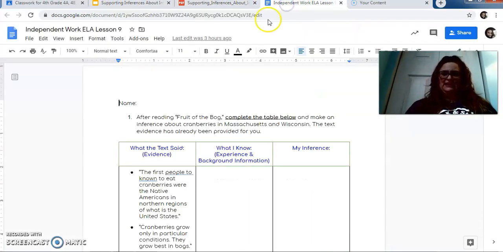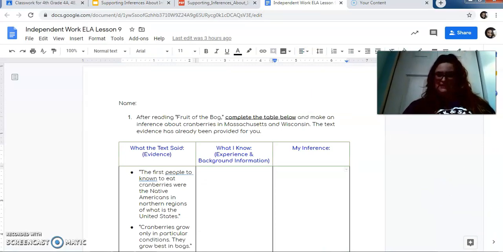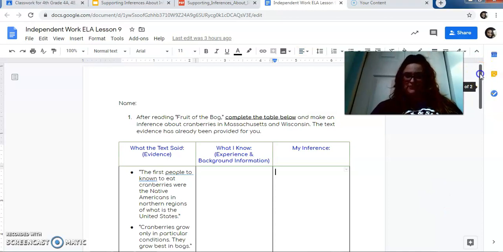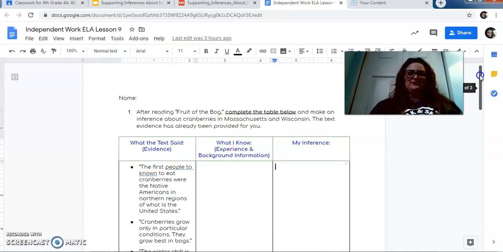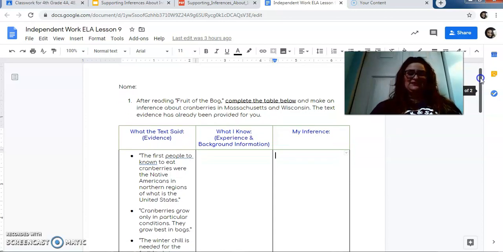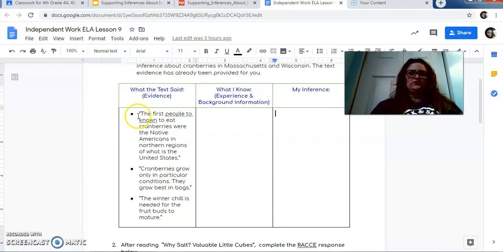And you're completing it in this Google Doc right here. So you can see, sorry, I'm trying to get myself out of the way. This says: complete the table below, make an inference about cranberries in Massachusetts and Wisconsin. The text evidence has already been provided for you. So the text has already given you evidence to work with. You have to fill in what you already know based on your background, experience, and information.